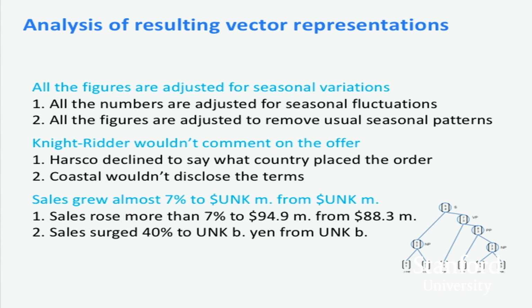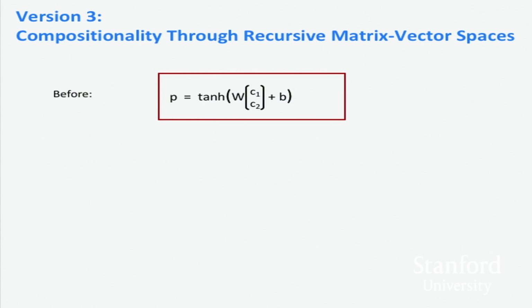We still weren't really convinced that we were doing a great job at capturing semantics of phrases, and there was still a worry that things didn't work very well. Now we'd changed things so that we had different W's depending on whether we're combining an adjective and a noun, or a verb and its object.